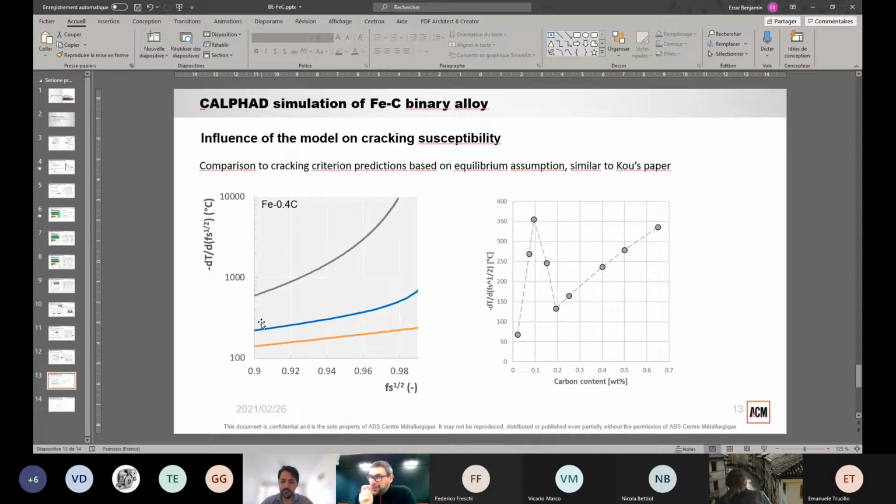So yes, it's okay, with a really low temperature step. So I assume it is not so bad, and when I compare to the result of the paper, I think that it's really close. In this case, it's equilibrium.